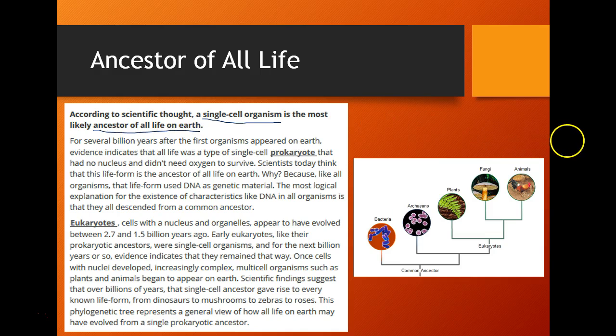All life, including humans, evolved from this single cell organism. We call this single cell organism a prokaryote, which is a type of cell. This prokaryote had no nucleus and it didn't need oxygen to survive. Remember, we call that anaerobic.